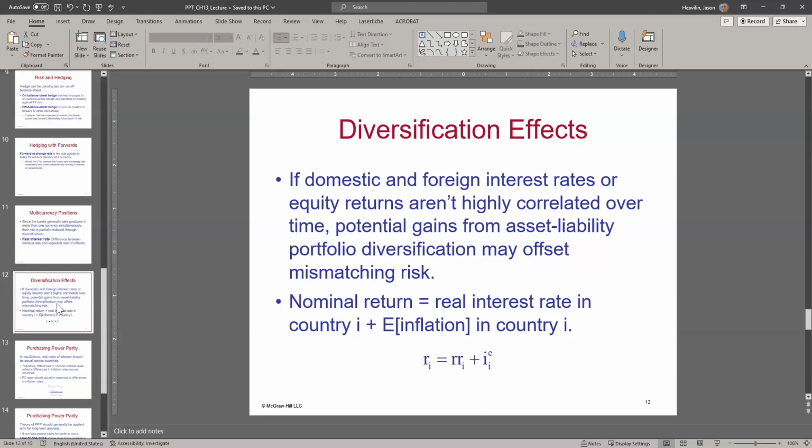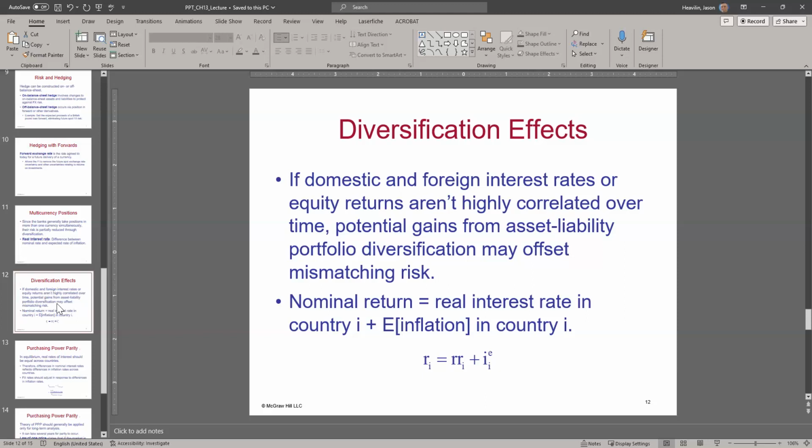But this goes back to diversification. And it has to do also with those market imperfections we spoke about earlier. The more countries you have involved in your financial institution, the more opportunity for market imperfections you may be able to spot.